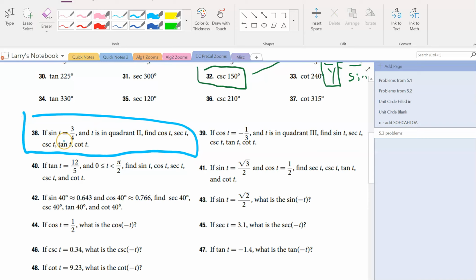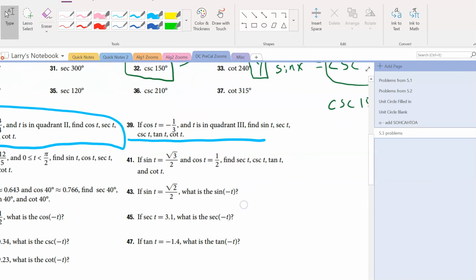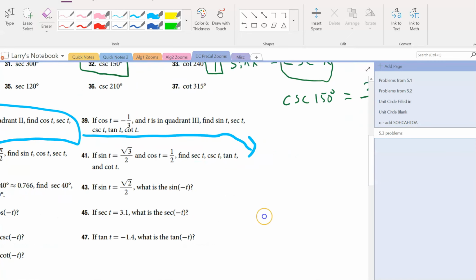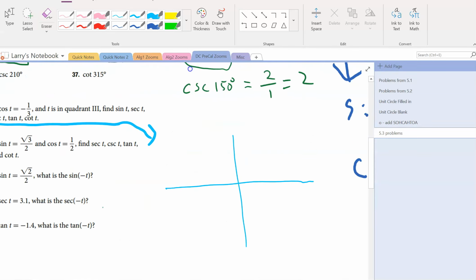It says, if sine of t is 3 over 4 and t is in quadrant 2, find cosine, secant, cosecant, tangent, and cotangent. We did one like this in the previous section. So draw yourself a second quadrant angle where sine of t is 3 over 4. So we're going to draw ourselves a second quadrant angle.